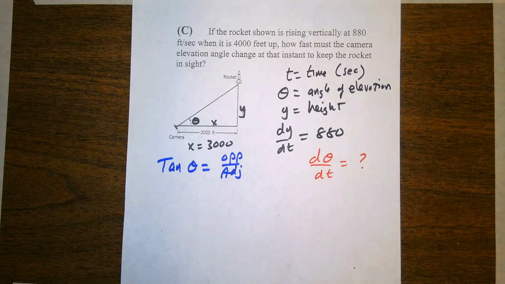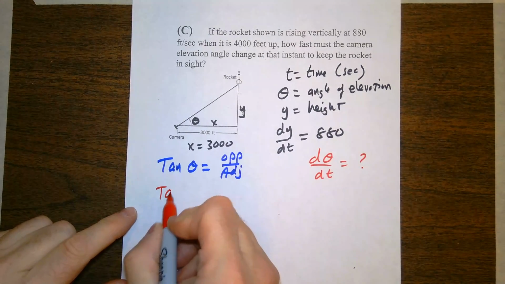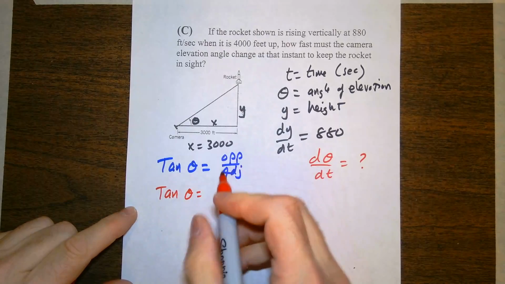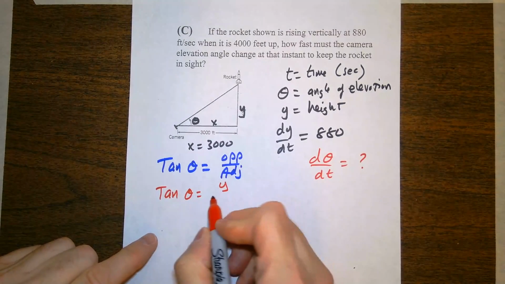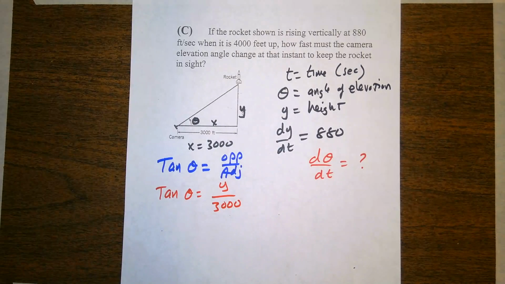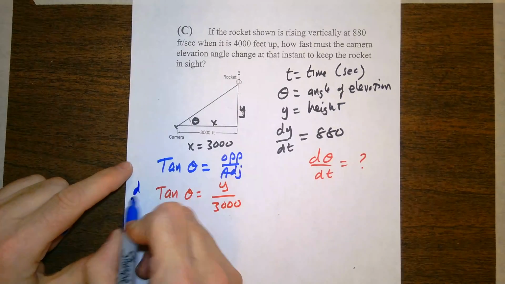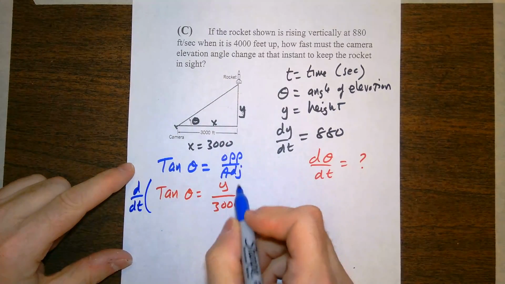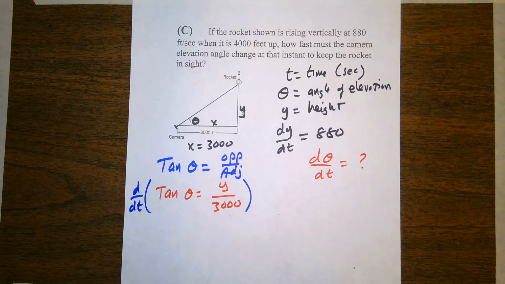So the tangent. Now, as I take a look at this, I want to find the derivative here. Let me fill in some information. The tangent of theta equals y over 3,000. And I want to take the derivative of this, so d/dt.